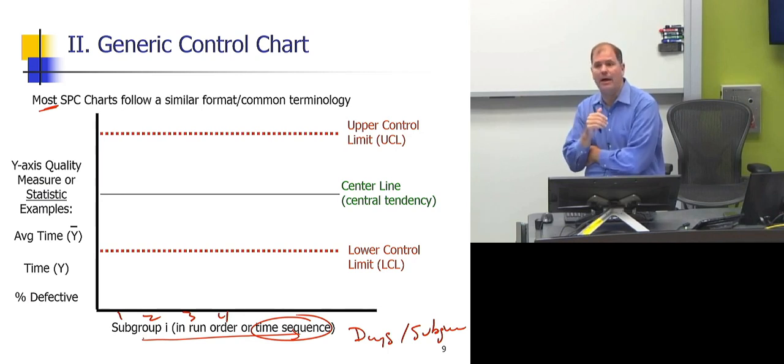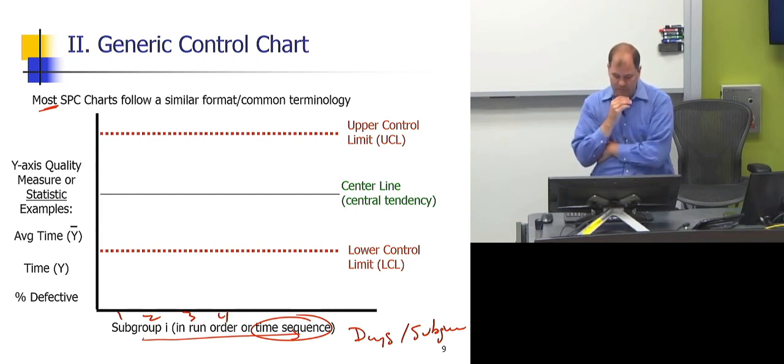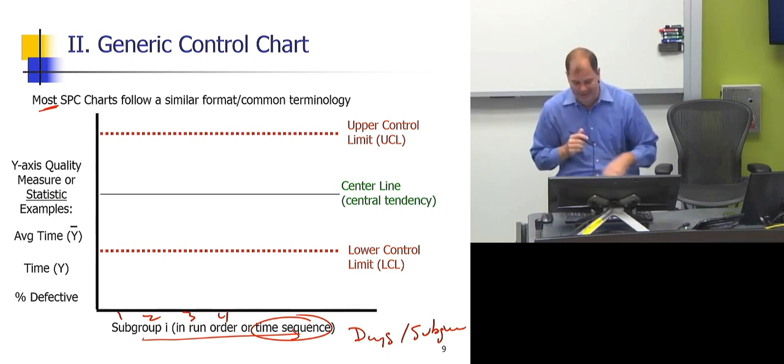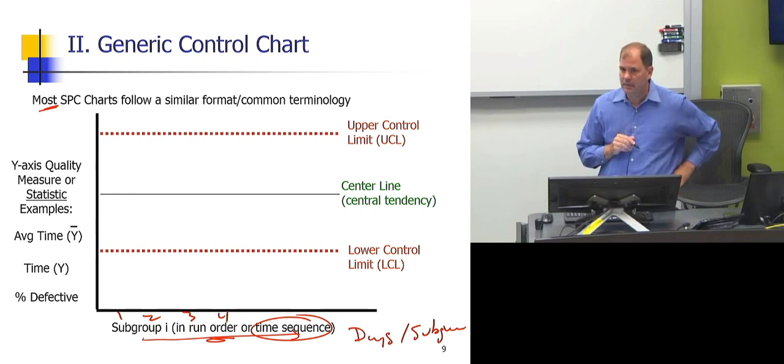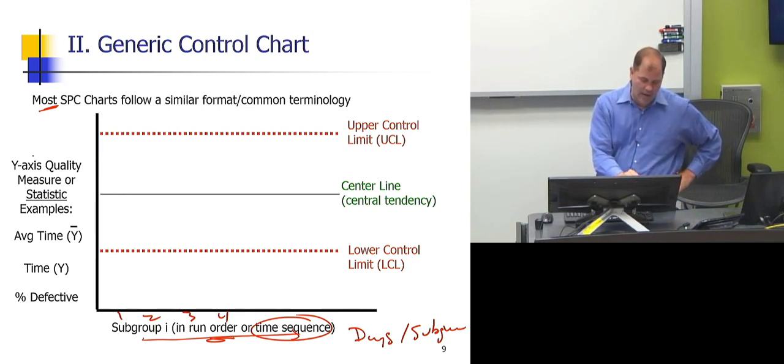If you don't know, you cannot apply SPC. You can make a box plot or a histogram and look for outliers, but you cannot apply SPC. SPC requires us to be in order. Everybody good with that?